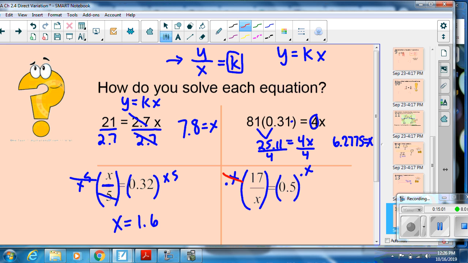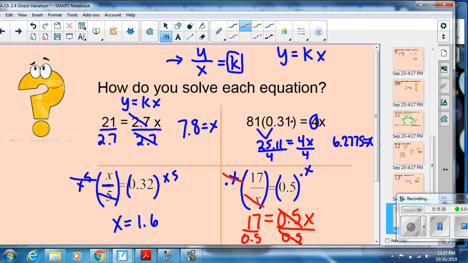That eliminates my x, and now I have 17 equals 0.5 times x, or 0.5x. Now you can finish that by saying, all right, divide both sides by 0.5 to undo that multiplication by 0.5. And now I just need to do 17 divided by 1/2.